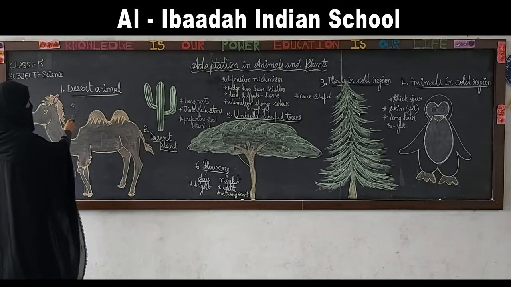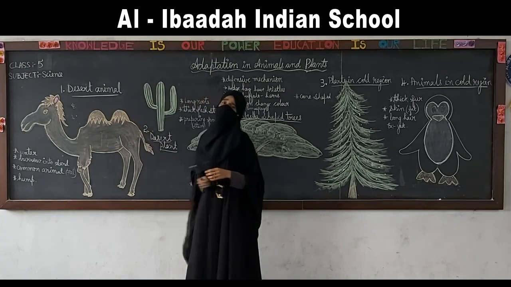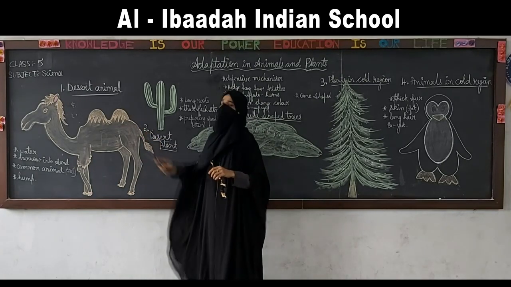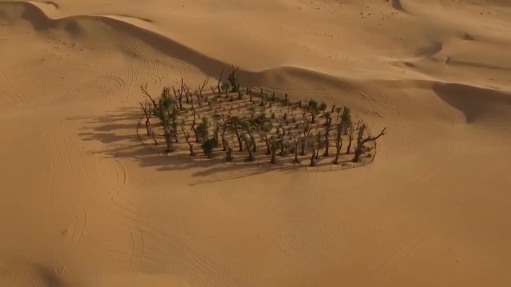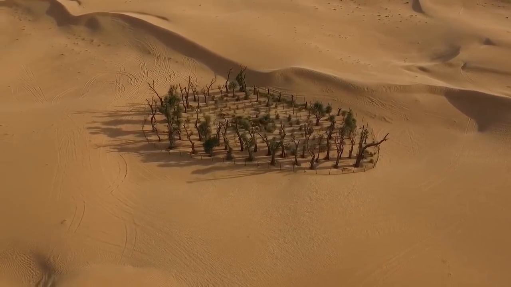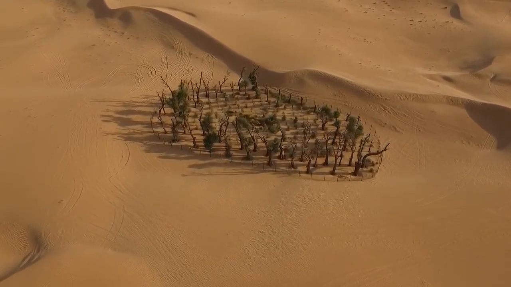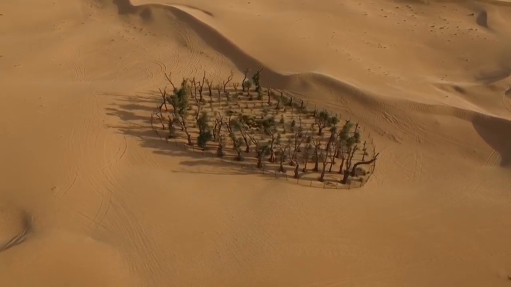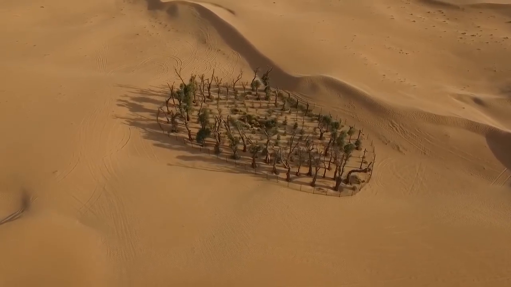Now students, let us discuss desert animals. Desert animals are those animals which live in desert. How do desert animals find water? They eat the plants which are available in desert, or dew drops which have fallen upon the leaves of desert plants.